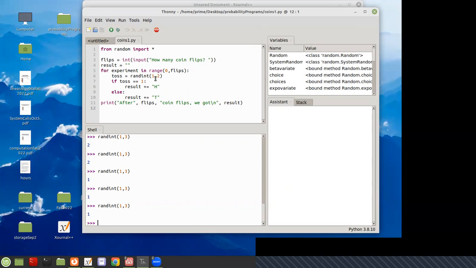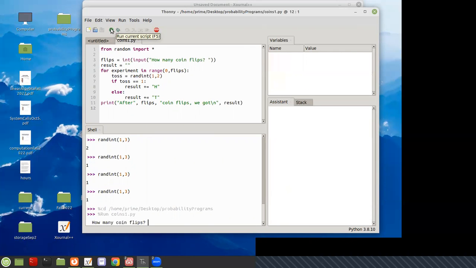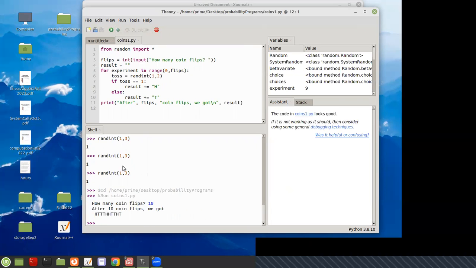It's going to toss the coin, and it's then going to build up a pattern of heads and tails. So let's see if we run this, how many coin flips? Let's say 10. Well, here's the pattern. We just get, you can see here, heads, tails, tails, tails, heads, heads.